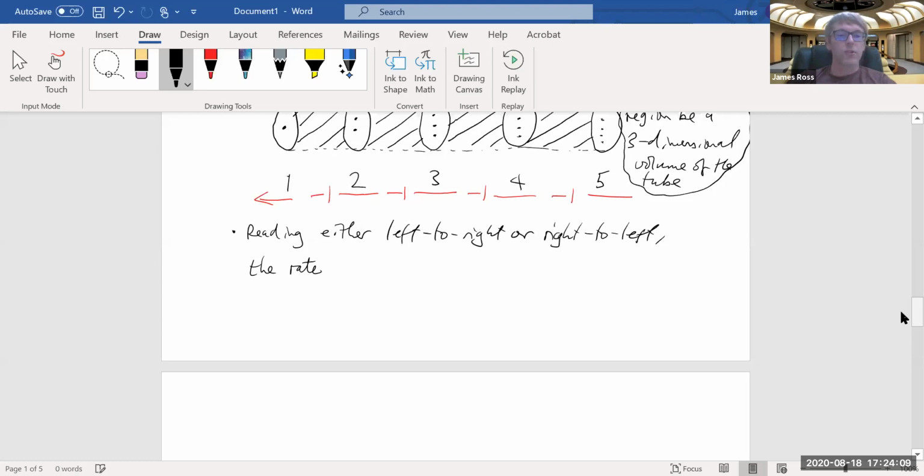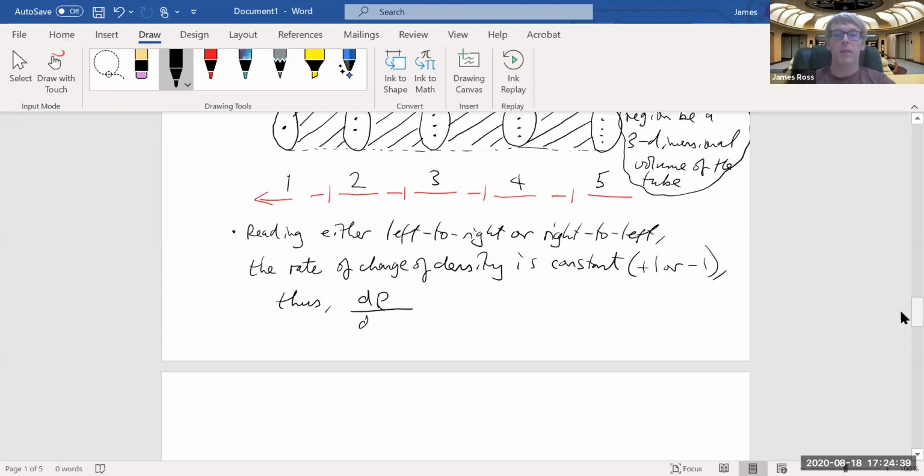So the rate of change of density is constant. It's either +1 or -1. Thus, the change in density, which I'm going to call the symbol rho, per change in time is 0.